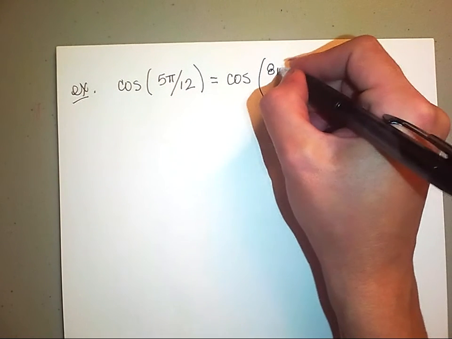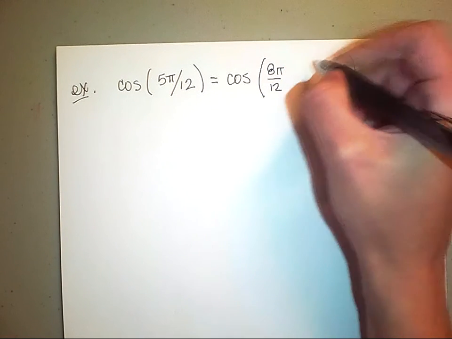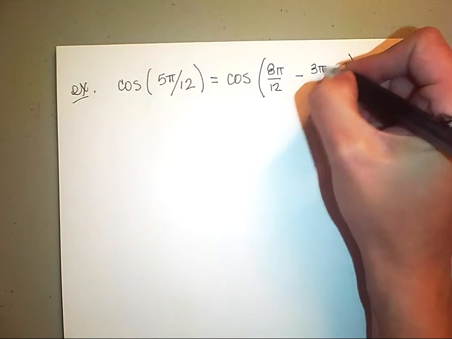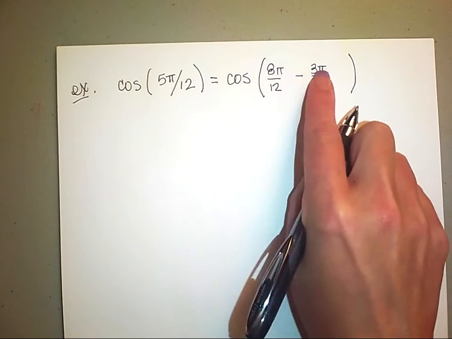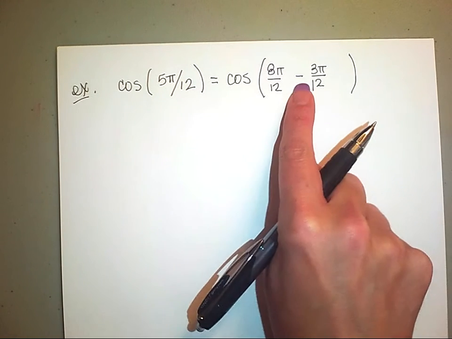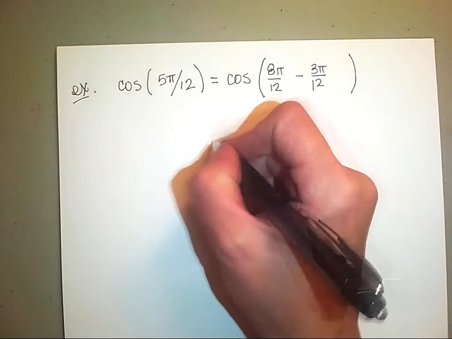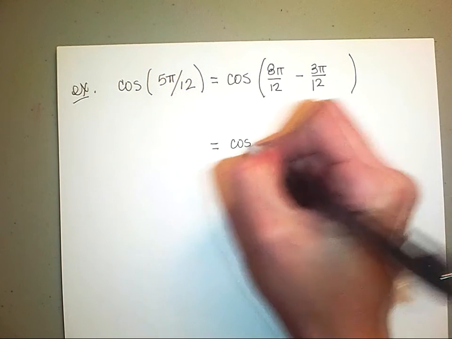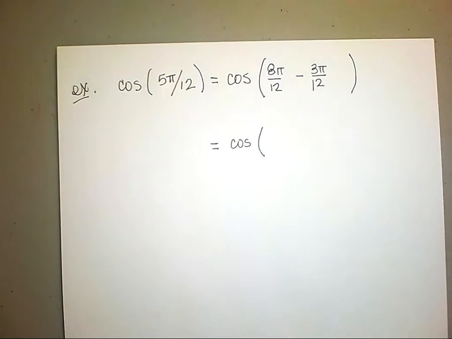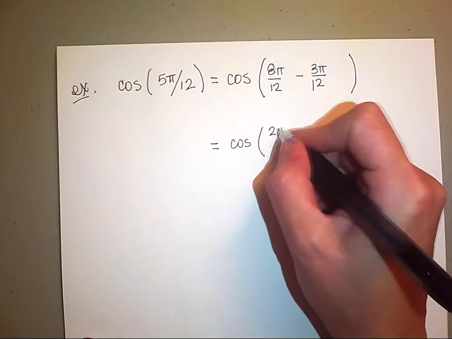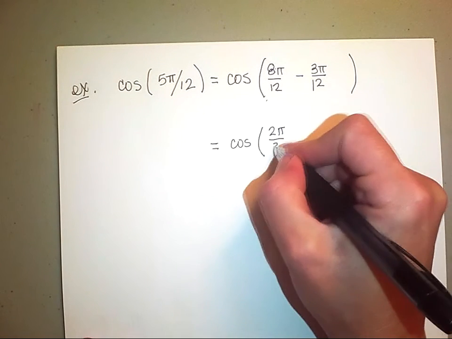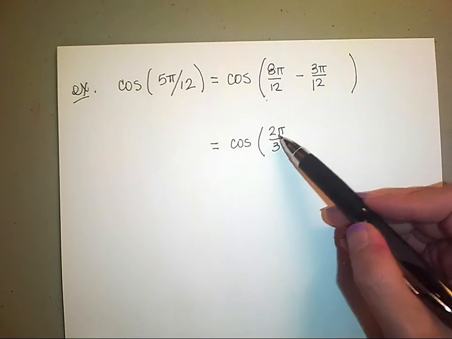Well, I know that if I took the cosine of 8 pi over 12 and I subtracted 3 pi over 12, well, 8 pi minus 3 pi would be 5 pi over 12. So we know this is true. And now we have the cosine of, now reducing this, 4 goes into 8 2 times, and 4 goes into 12 3 times.